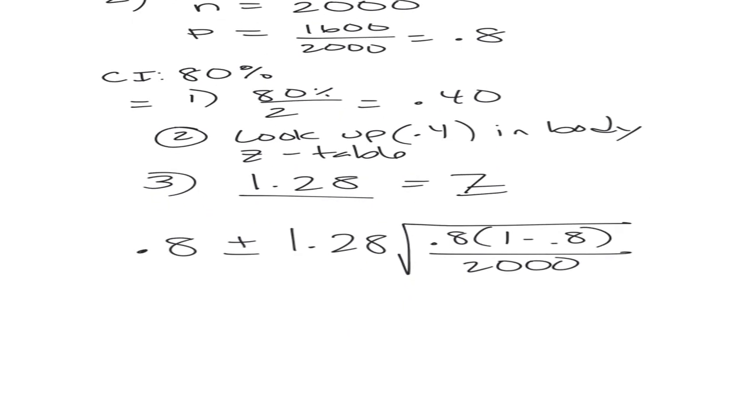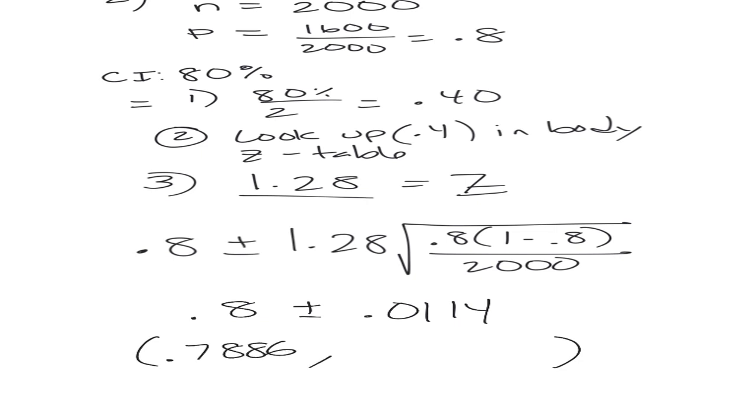Our margin of error is 0.0114, so we do 0.8 plus 0.0114 and 0.8 minus 0.0114. The lower range of our 80% confidence interval is 0.7886 and the upper range is 0.8114. So that's our 80% confidence interval.